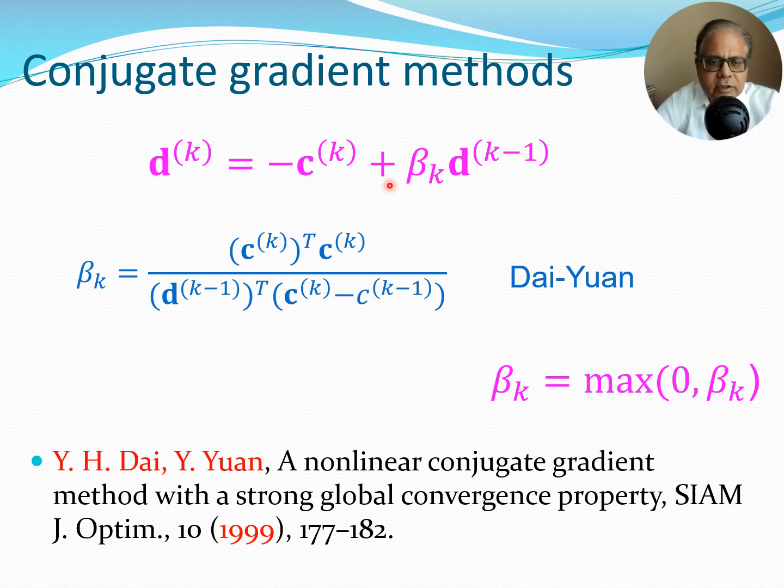So of course this can be calculated in a very simple manner. One of the things in many of these formulas which were proposed later is that you have to create a condition that beta k is set to 0 in case beta k value as given by this formula becomes negative. So that has been suggested by various researchers.